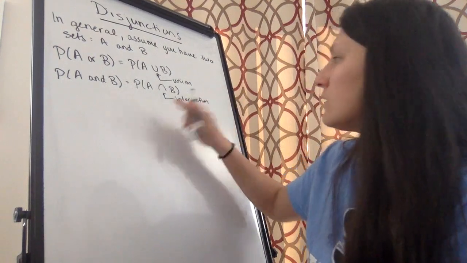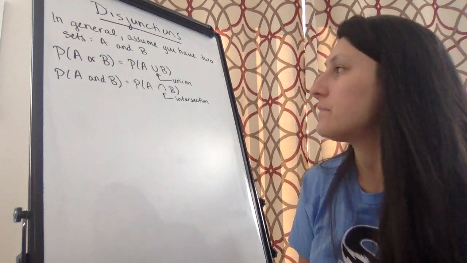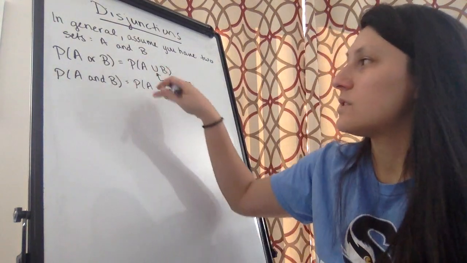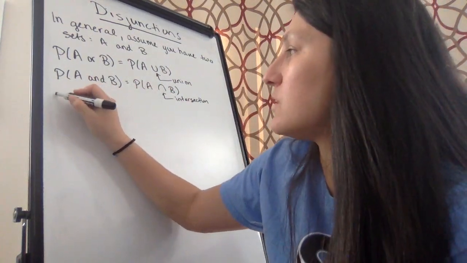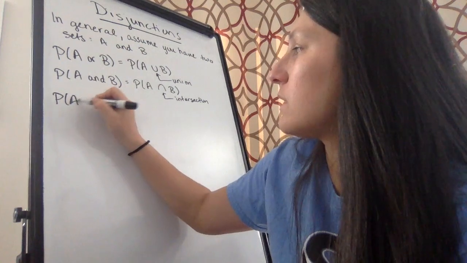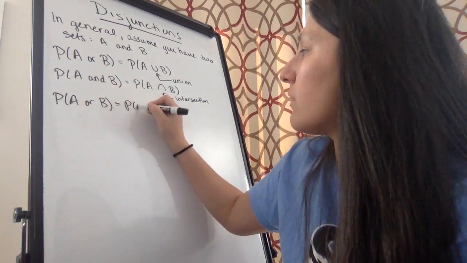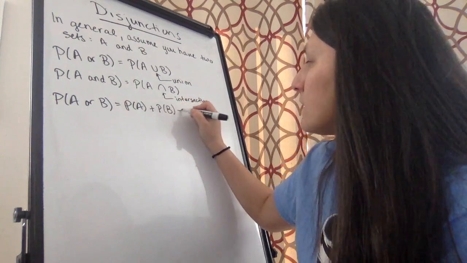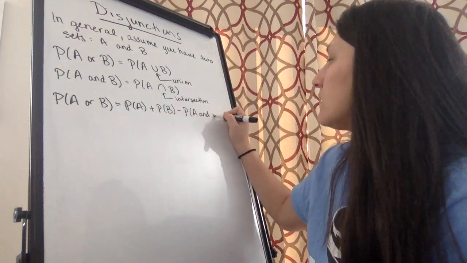Okay, so this is called A intersect B, the intersection of A and B. Okay, and so as long as you understand those 2 things, I'm going to write the same exact thing we just wrote before. We wrote the probability of A or B is the probability of A plus the probability of B minus whatever we just might have double counted that's in both.